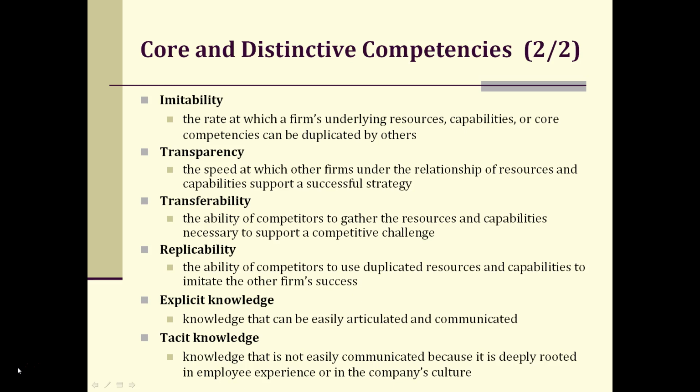It is relatively easy to learn and imitate another company's core competency or capability if it comes from explicit knowledge, that is, knowledge that can be easily articulated and communicated. Tacit knowledge, in contrast, is knowledge that is not easily communicated because it is deeply rooted in employees' experience or in a corporation's culture.